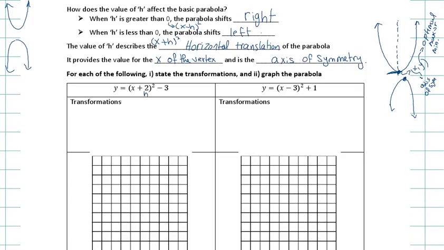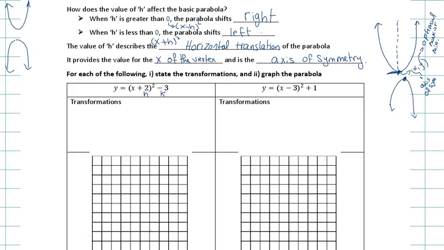K. You'll get to know them, right? Because A is at the beginning, H is in the bracket, K is outside. So H causes what again? Horizontal translation, right? K causes what? Vertical translation.